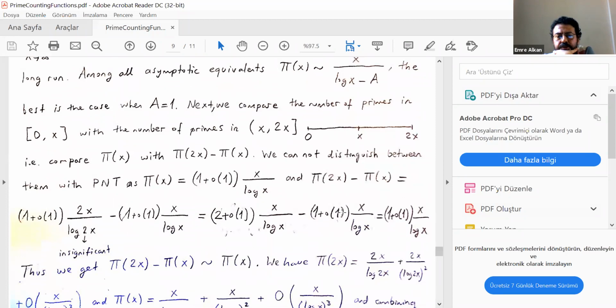So you see that both of these functions, pi of x and pi of 2x minus pi of x, through this easy asymptotics consideration, depending on the prime number theorem, are asymptotic to each other. That's very easy to see, which I will not say more about. So pi of 2x minus pi of x is asymptotic to pi of x. That's easy to see. But that doesn't serve for us.